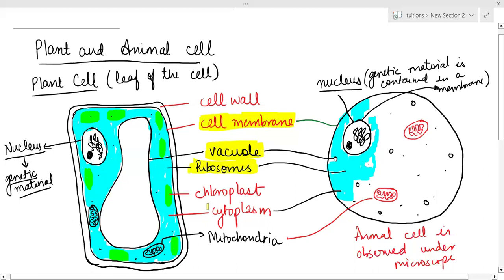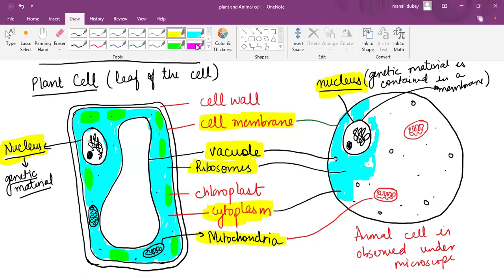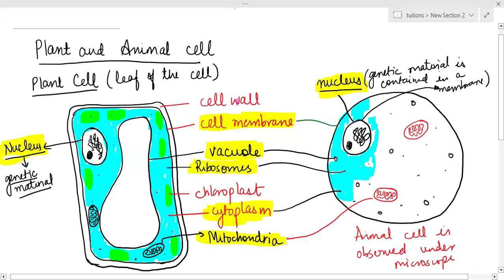Then we have cytoplasm. And obviously, mitochondria is present in both. And last but not the least, a prominent nucleus is present in both of them. The yellow highlighted part shows the ones which are present in both of them.